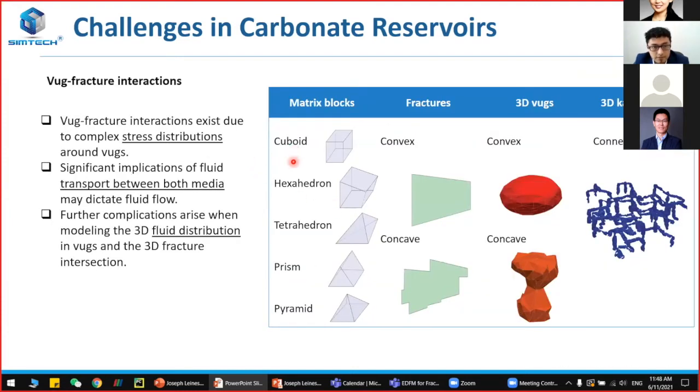Now let's talk about the complex interactions that happen. Right now in EDFM, we've done a really good job identifying the interplay between matrix blocks and the elements that make up the structured and corner point grids, with any type of fracture represented, either convex or concave. But now we have the interplay between convex, concave, 3D vugs, and also 3D Karst systems that we can see here.